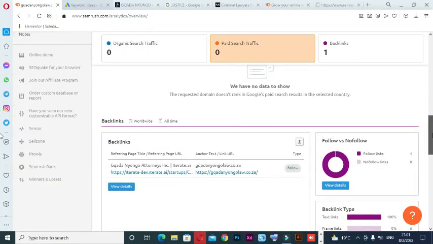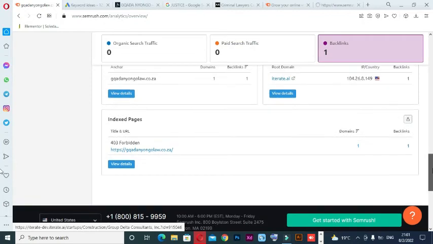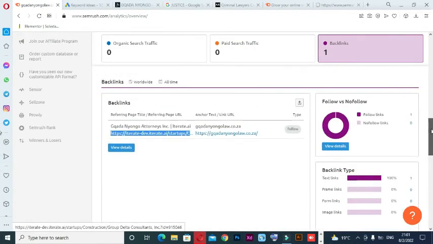Organic research, there's no data. Why? Because your website is not monitored by Google. The website's backlink is only this one. Let's see, just to check for interest's sake, who is linking their website.